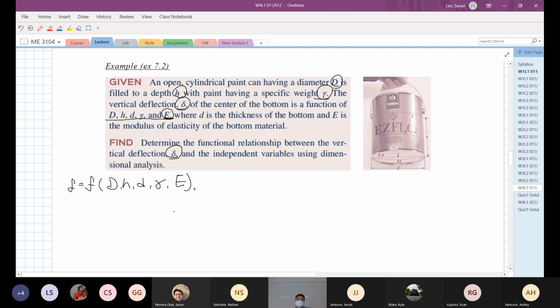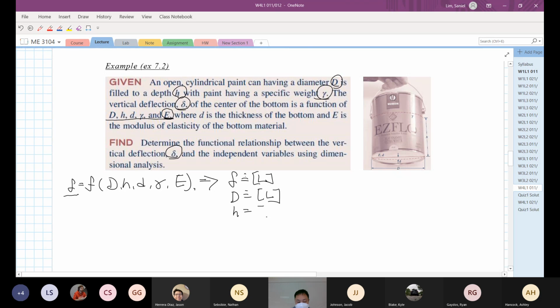Okay. We're trying to find the delta, so this is the dependent variable. We can express everything in a unit system. You can use the FLT system or MLT system. What I used here was the FLT system. You'll see why I chose it in the textbook too. This is just L, D, of course L, then A, D. Oh, that's just following the order.